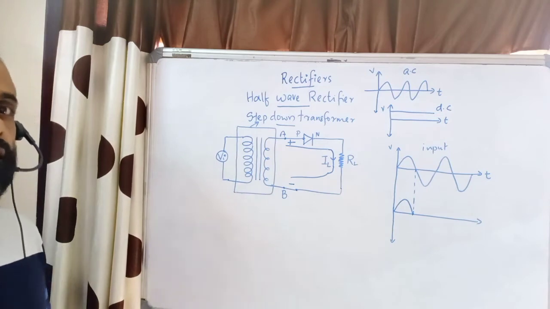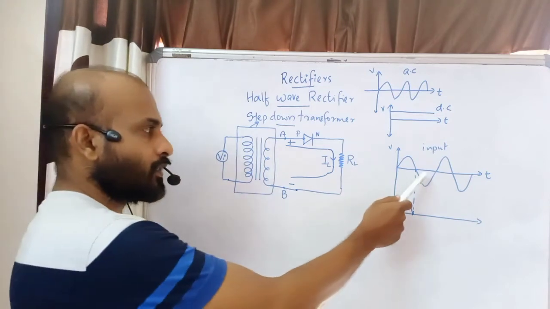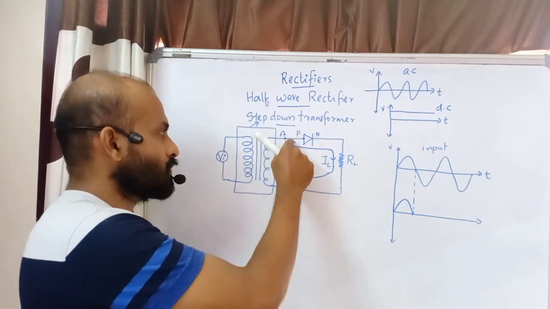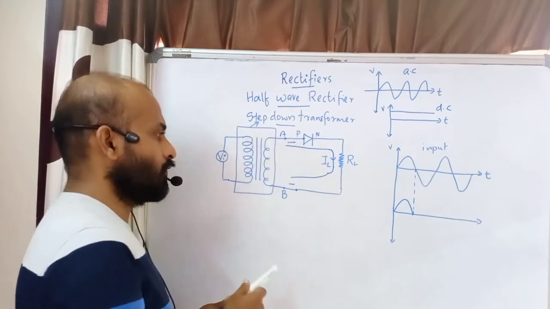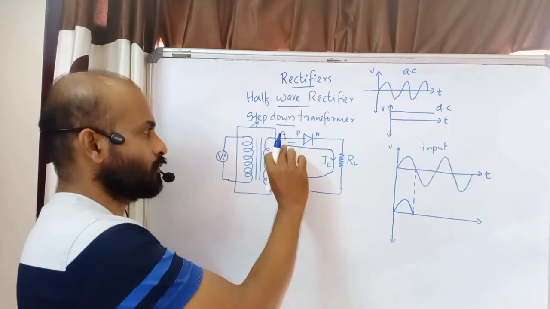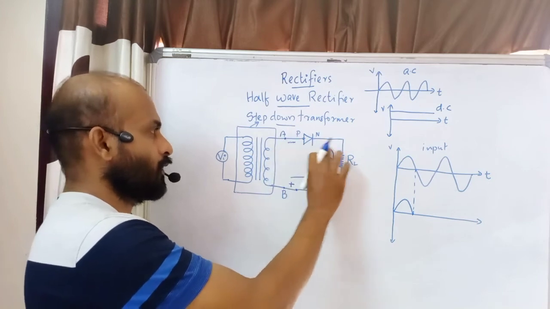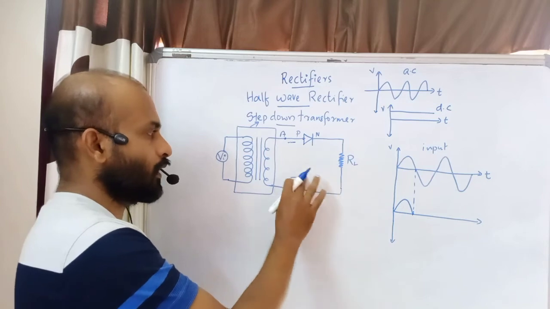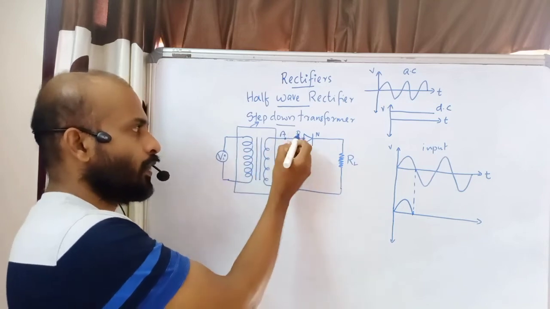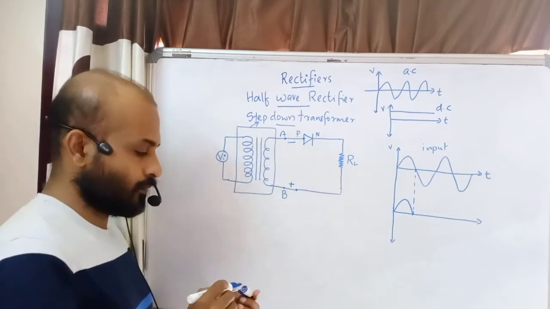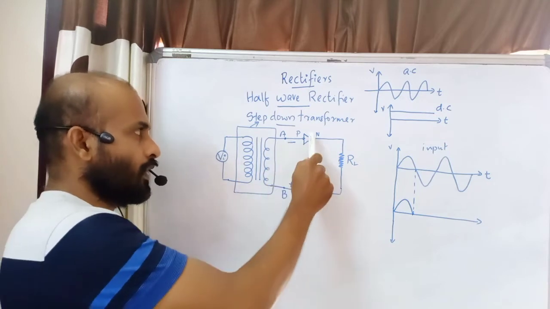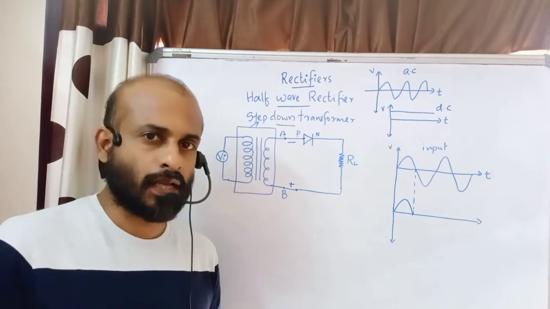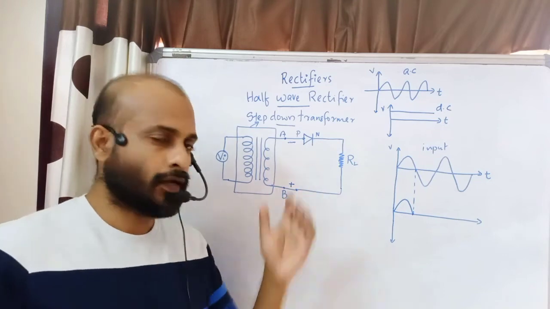Now, the negative peak. During the negative half cycle, the polarity reverses. This will become negative, and this becomes positive. Now the P side is negative and the N side is positive. So easily you can understand which type of biasing there will be for the diode.